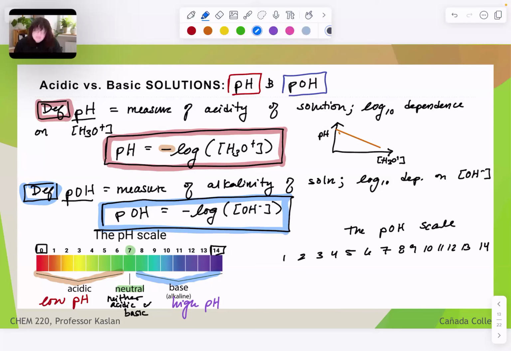Okay, so in the pOH scale, this is an inversion of the pH scale. So we still have a neutral pOH at pOH equal to 7. However, as our pOH increases, this is where we expect to see solutions that are more acidic.